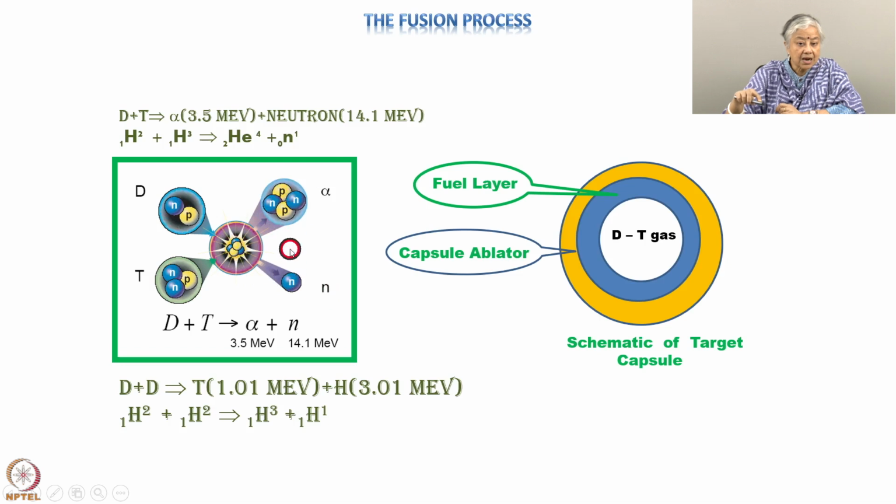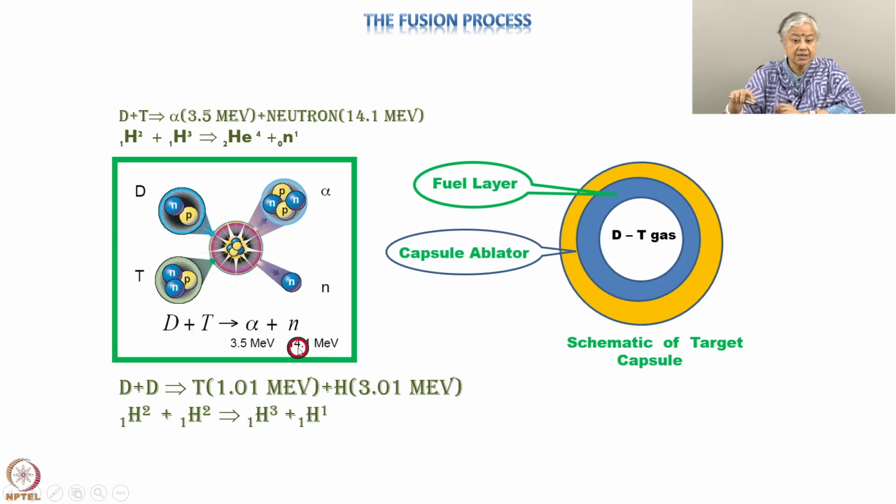And this alpha and the neutron carry away that excess energy. It is not as if the alpha is separate, neutron is separate and some separate energy is coming out. No, these are the ones that are carrying away that excess energy which has been caused due to the fusion process, and you have to utilize this energy which is embedded in this.